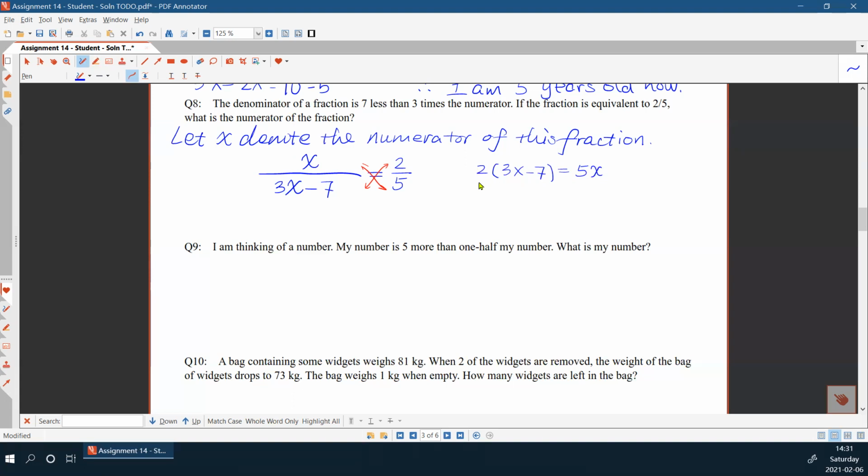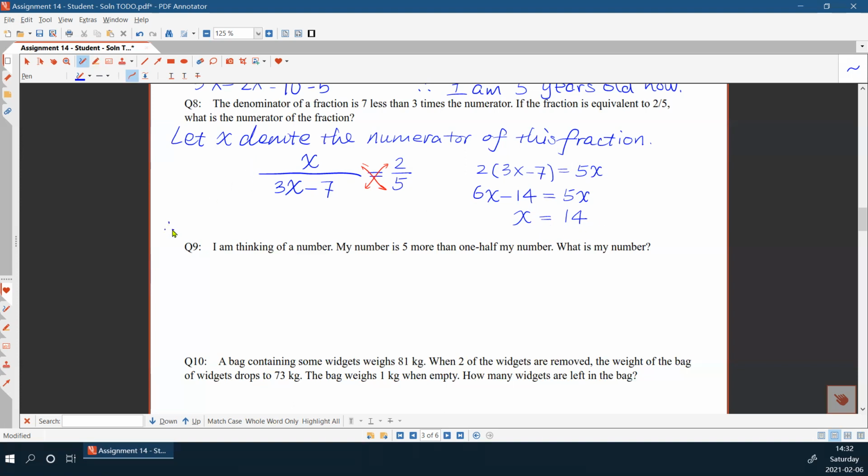And then expand the left-hand side, gives you 6x minus 14, which is 5x, correct? And move 5x to the left-hand side of the equation. This gives you an x. And move minus 14 to the right-hand side of the equation gives you 14, right? So here we find the numerator of the fraction, which is 14.